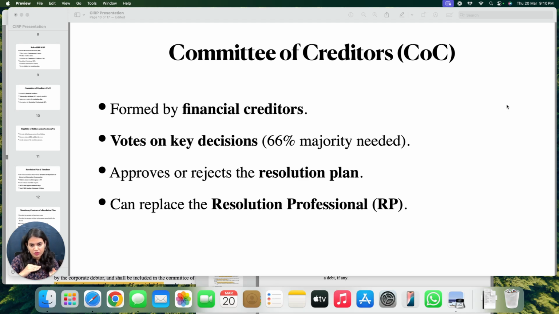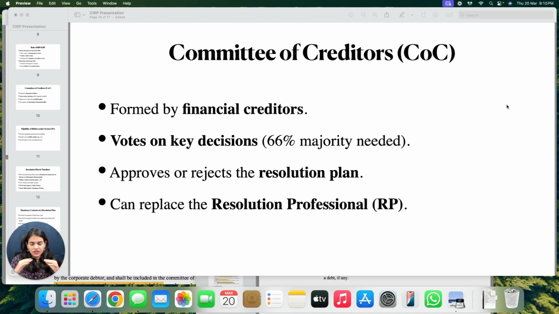And from that point onwards, the committee of creditors presides over the CIRP process. It's still going to be either the IRP or the RP who acts as the chairman of all of these committee meetings. However, the decision-making authority is solely in the hands of the committee of creditors.